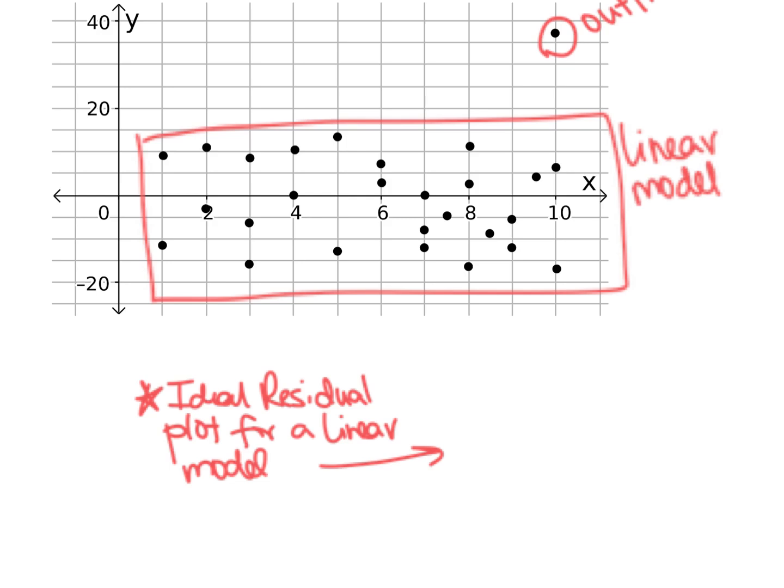We have randomly spaced residuals, but they're close to this x-axis right here, which is what's going on in this one, right? So here's our x-axis. Right there. And they're randomly spaced, but they're still fairly close to that axis. Okay.